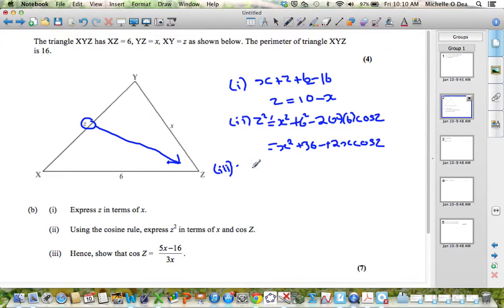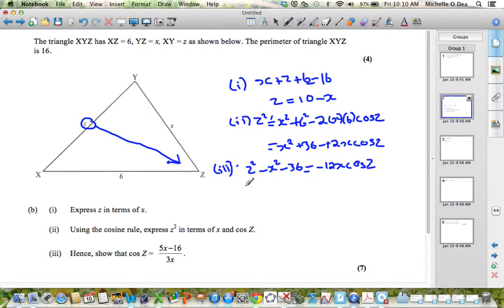So to start with, we'll have z squared minus x squared minus 36 is equal to minus 12x cos z.